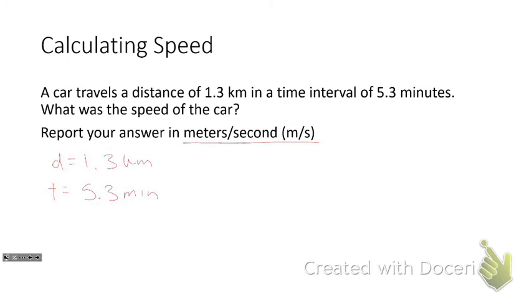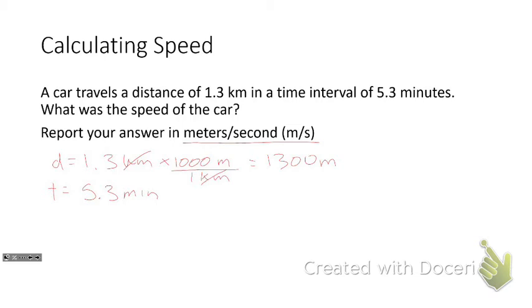So we need to change our units here. Does anybody know how many meters are in 1 kilometer? Yeah, 1,000, right? So to change our kilometers to meters, we multiply by 1,000 meters in 1 kilometer. Our kilometer units cancel, and then we have 1,300 meters.